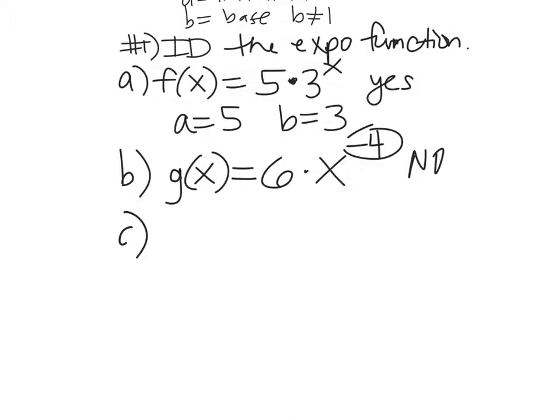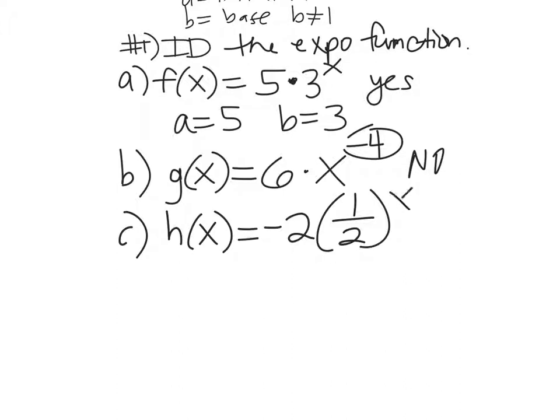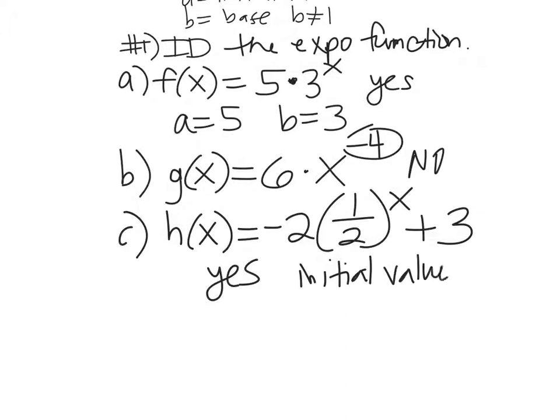Okay, letter C. Let's do this. h of x is equal to negative 2 times 1/2 to the x plus 3. All right, this one's a little trickier because I added that plus 3. If I didn't, it would have been pretty easy to tell. This one, yes, it is an exponential function. It doesn't quite look like the one before, but it's just been shifted 3 up. And if you wanted to find the initial value, it is not negative 2.